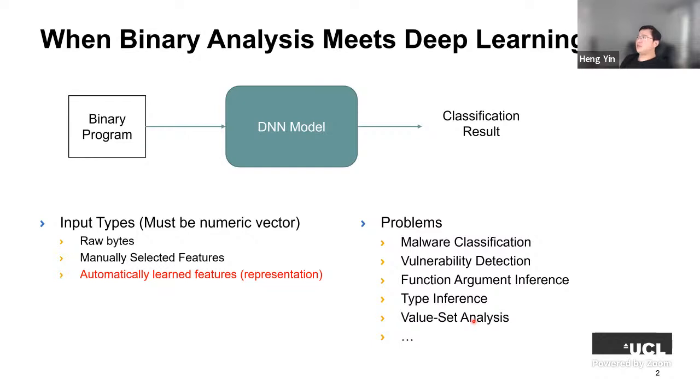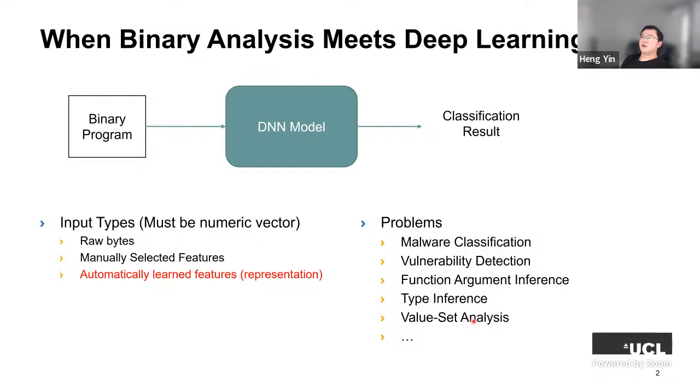Is it going to be raw bytes, or is it going to be some manually selected features, or ideally, is it some kind of automatically learned representation? Here, of course, we're going to focus on the third option because that's much nicer: we don't have to manually specify it, and it also provides much richer semantic information than just raw bytes.